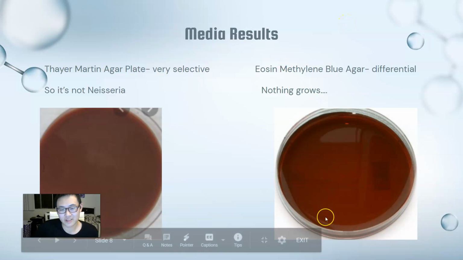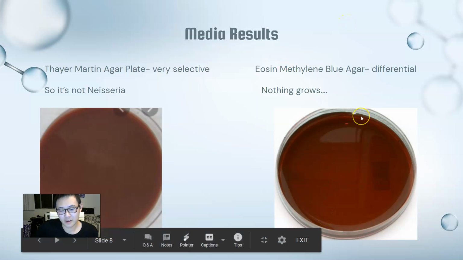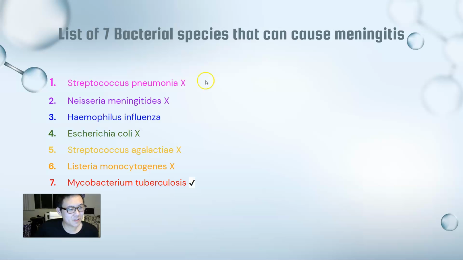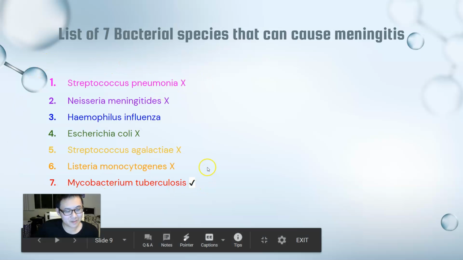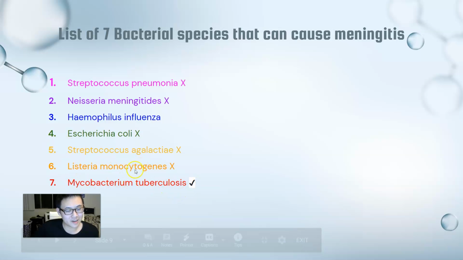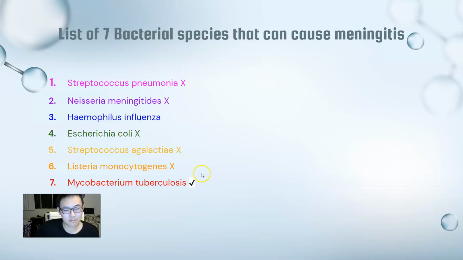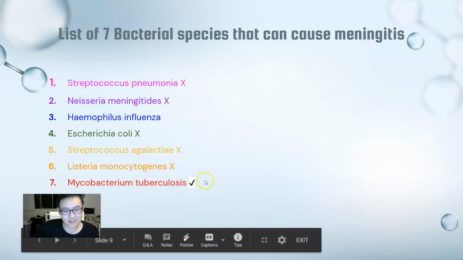And since there is nothing growing, we eliminated most of it besides Mycobacterium tuberculosis and Listeria monocytogenes. But we remember from the acid-fast stain that mycolic acid is present.